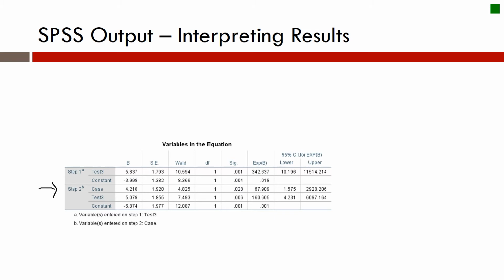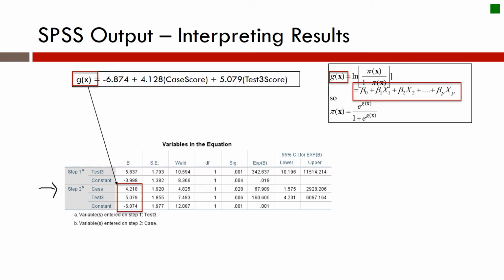So let's look at this a little bit more and talk about how these are used to actually predict group membership, because this will be fairly important. Let's remember that we have a function called g of x, and if you look at this table right here, you'll remember this from a few slides ago. G of x is a function of our variate. So we calculate g of x for each respondent based on this variate.